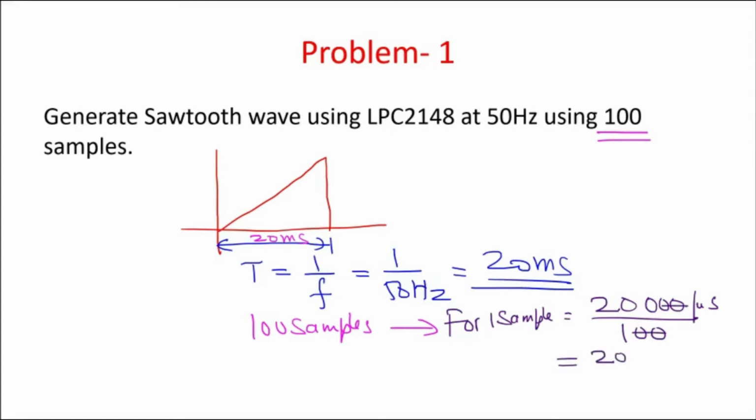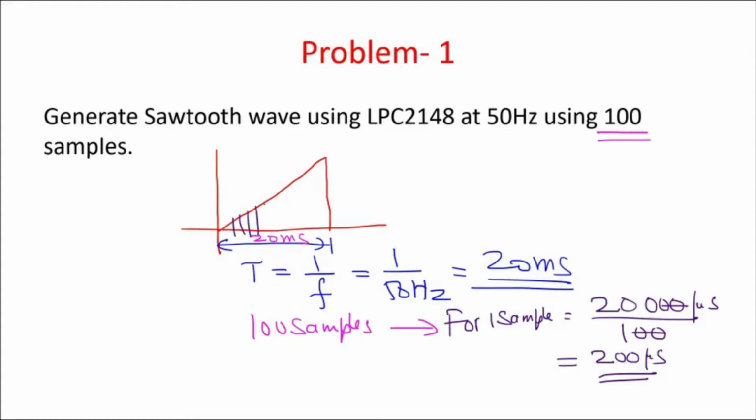So it is 200 microseconds. So if I deliver one sample in 200 microseconds, I end up generating a full cycle in 20 milliseconds if I'm going to use 100 samples.